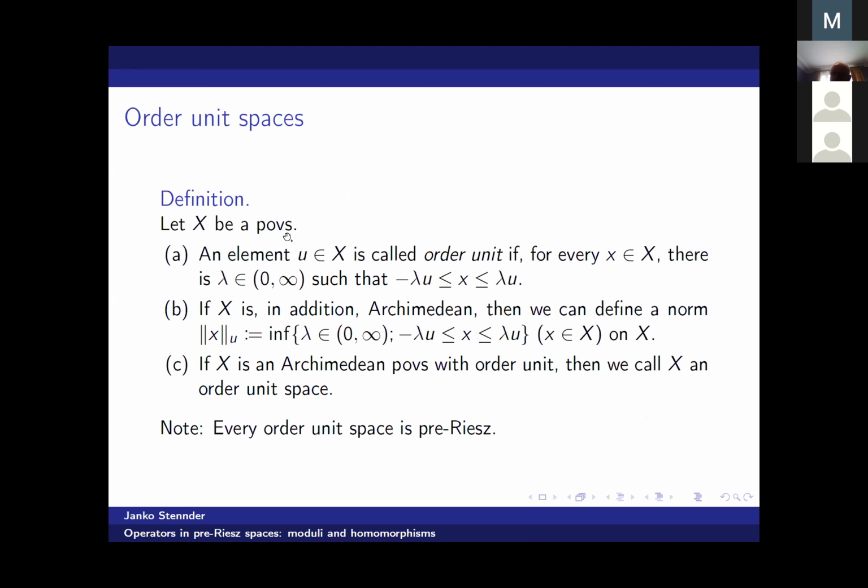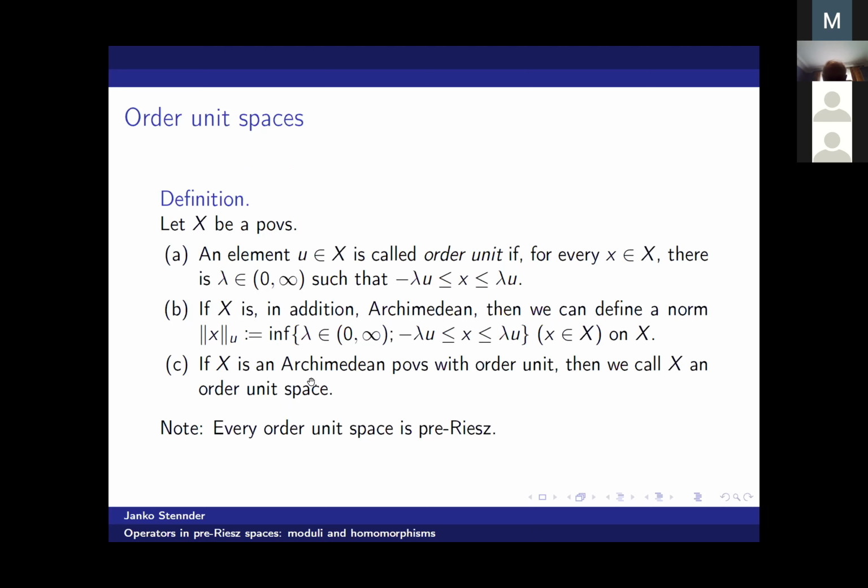If I have a partially ordered vector space, then an element U is called an order unit if for every element x in the space, there exists some positive lambda such that x is in the order interval between minus lambda U and lambda U. And if this partially ordered vector space is in addition Archimedean, then we can define a norm on this space in this way: we take the infimum of all lambdas such that x is in this order interval.